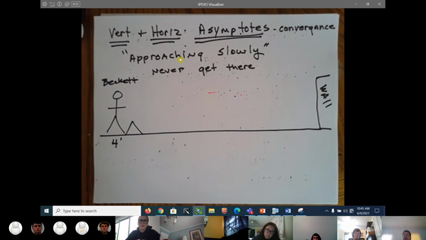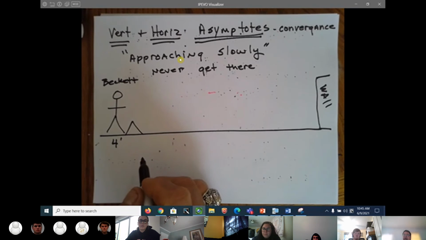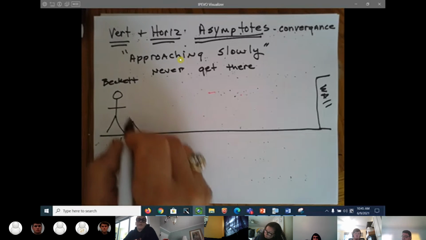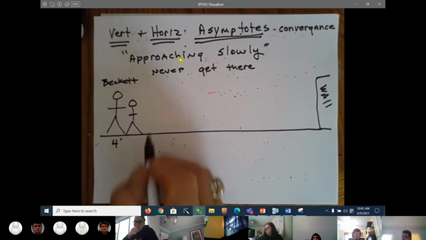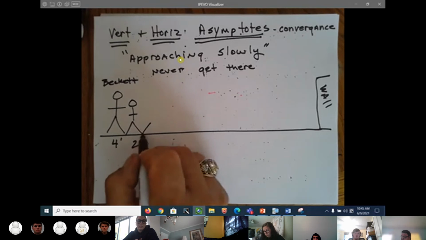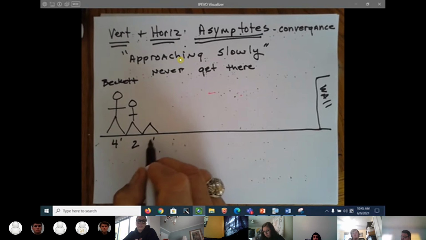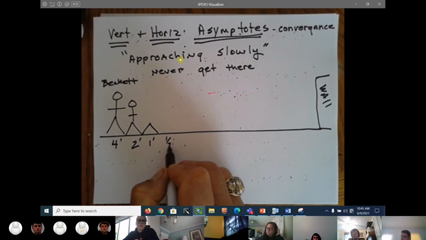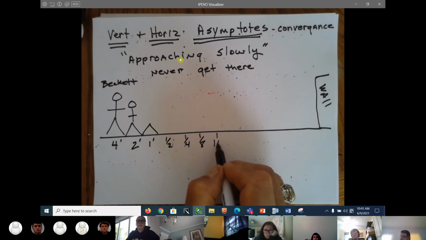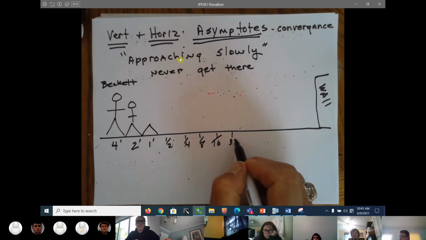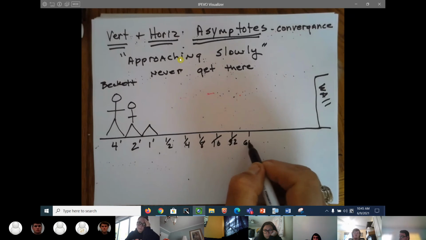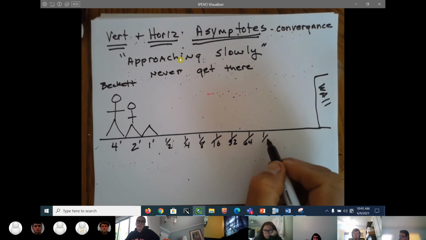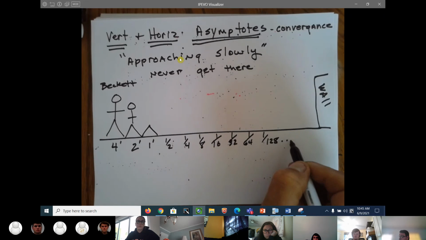Half the previous step. 2 feet. And what will the next step be? 1, and then 1/2, and then 1/4, and then 1/8, and then 1/16, and then 1/32, and then 1/64, and then 1/128, and so on.